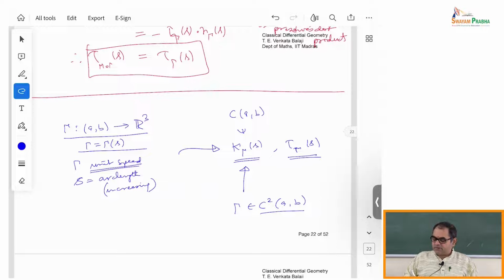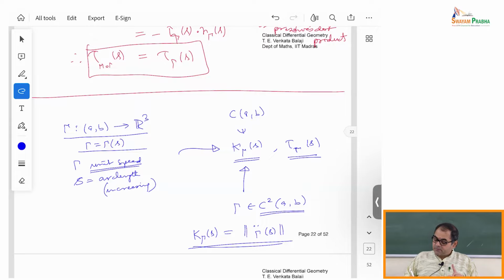This permits me to take gamma double dot of s, and I have to take the norm of that, and that is your curvature function. So in order to define the curvature function itself, I need gamma to be in C2. It should be twice continuously differentiable.